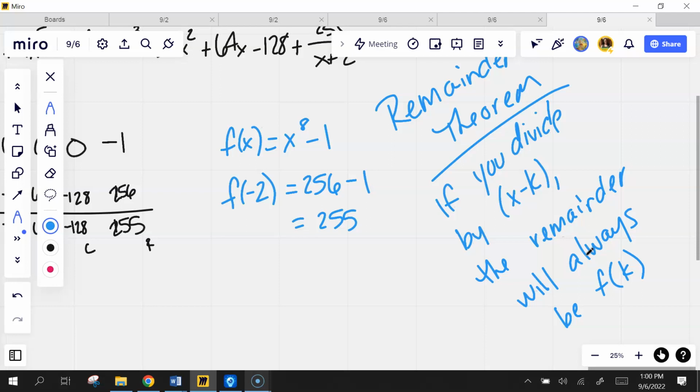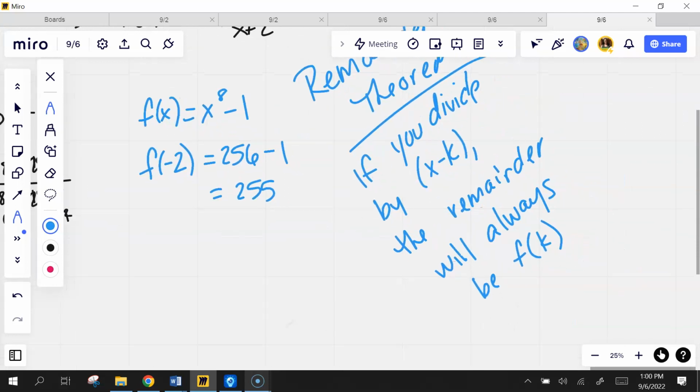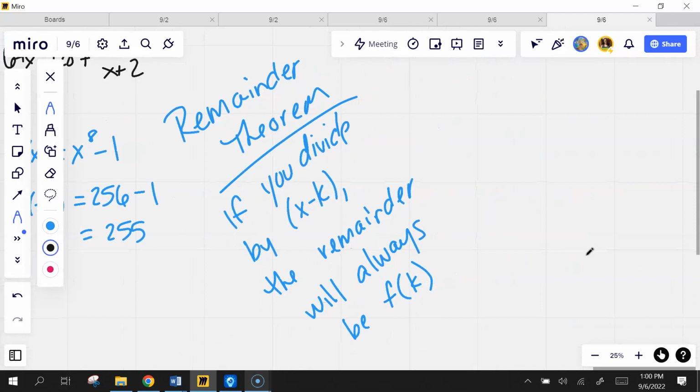How is that going to be useful? I'm glad you asked. Because it leads us into something very, very important that we talked about a whole lot in Algebra 2, which was what happens when this equals 0.